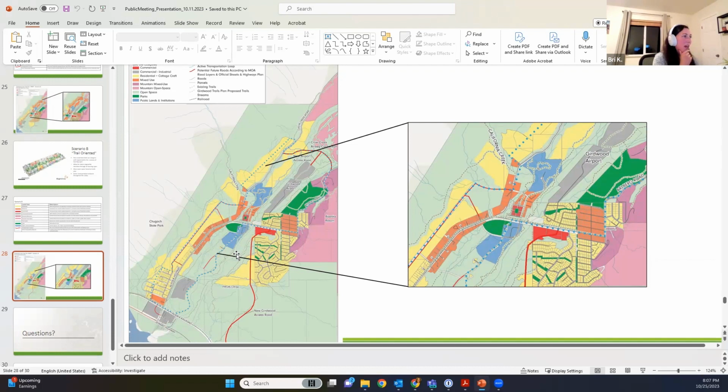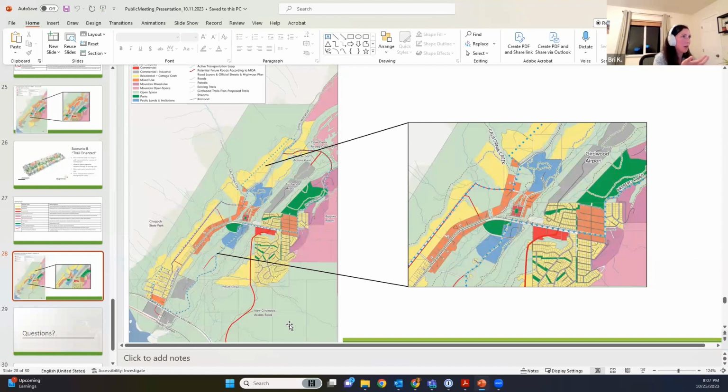And then again, we have the two mountain categories at the base of the mountain: the mountain mixed use and the mountain open space. And similar to the other map, we still have this commercial and industrial use along the highway area to the south. And this one also shows the blue dots, or that active transportation network.